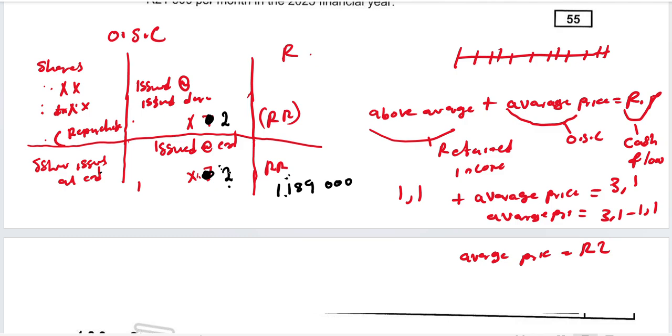So now we say this divided by 2 and get the shares here. 1,189,123 divided by 2. Get that it is 5,954,500.